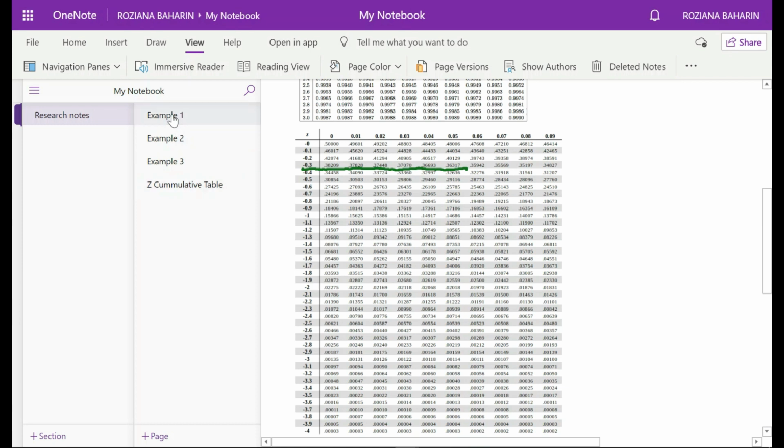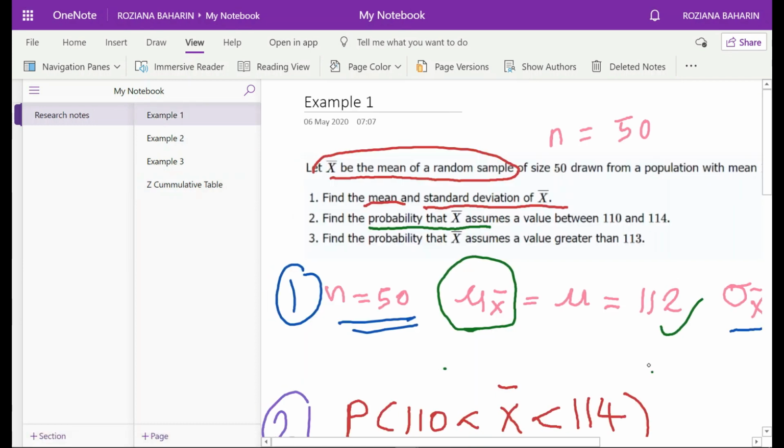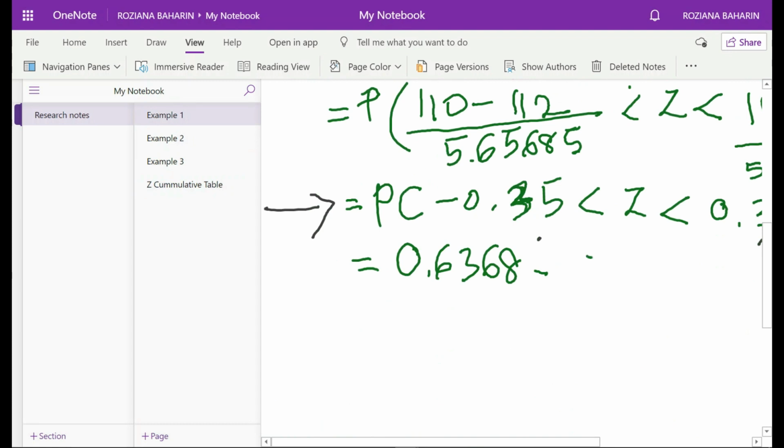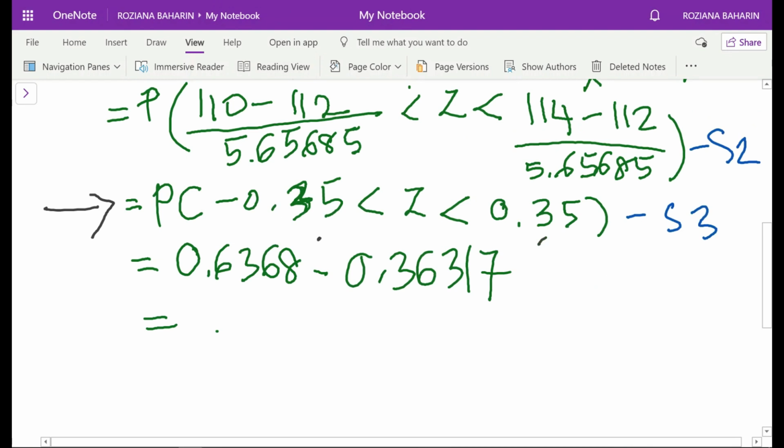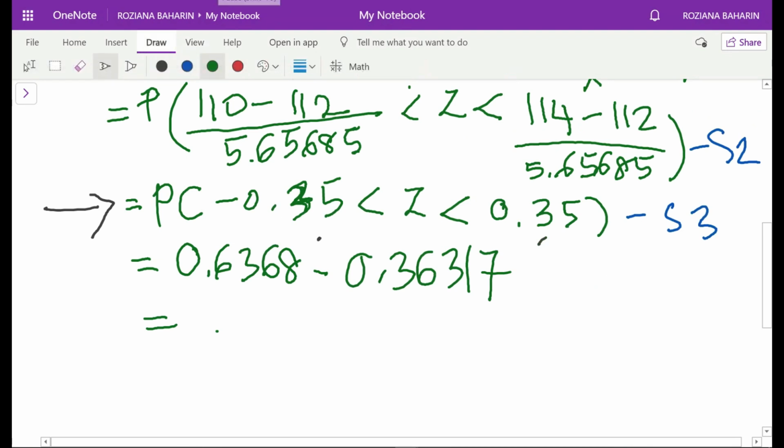Now you can just do your calculation straight away, and you should be getting 0.22736. So this is how we solve this question, number 2.